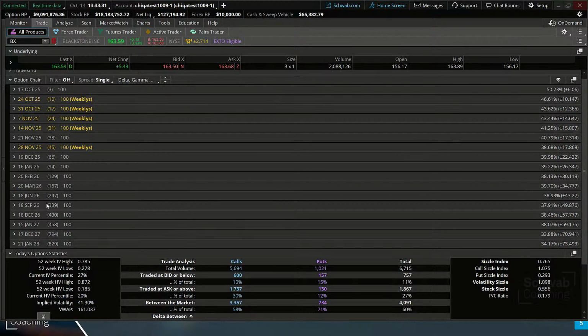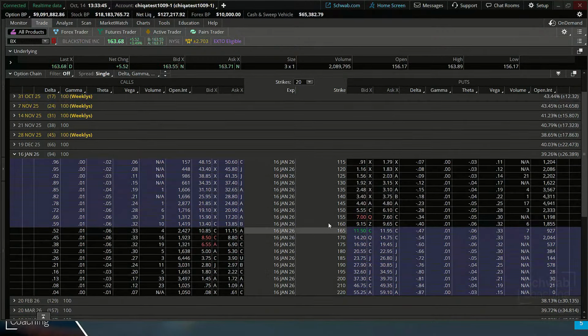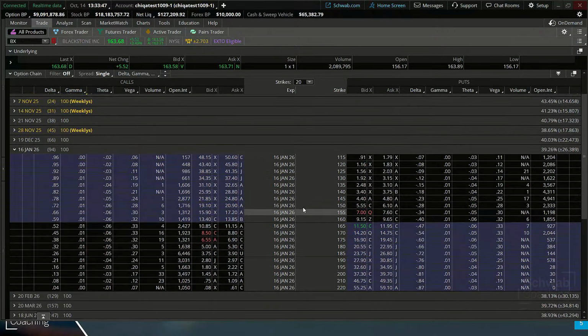And so we're going to look out a little bit further in time in this case, just like we did in the last one, just past the earnings to give ourselves a little bit more time on the bounce. So let's look at the 16th of January. And just like we did on the last one, let's take a look at an option that is in the money, has a little bit of intrinsic value, and also has a decent amount of open interest.